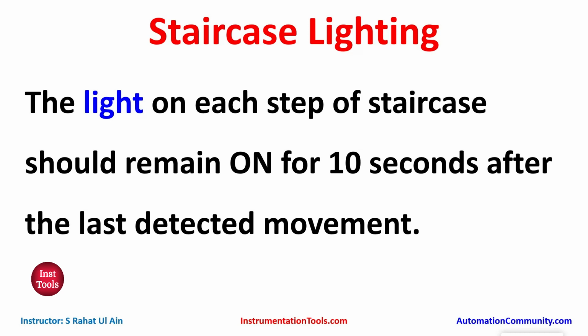Then we will use a timer for 10 seconds, and in this case we will use T off. It is so because the light will remain on after the last detected movement. So there will be sensors and lights on each step of the staircase, and that will be on when the movement is detected. So let's move to EcoStruxure Machine Expert, where we will draw a ladder diagram for staircase lighting.